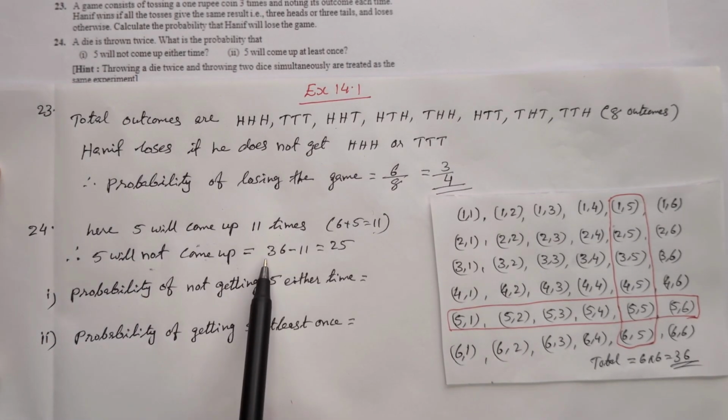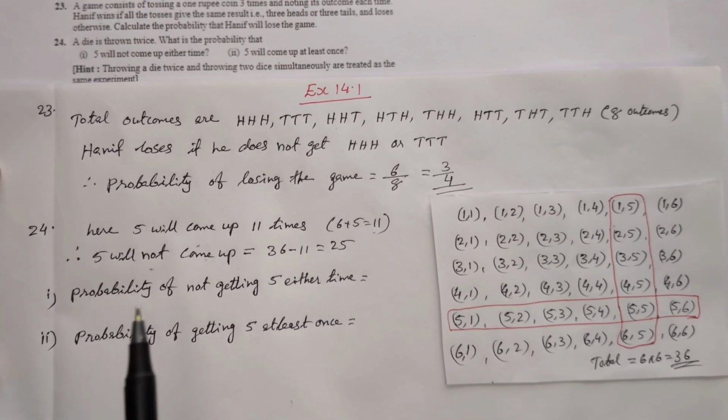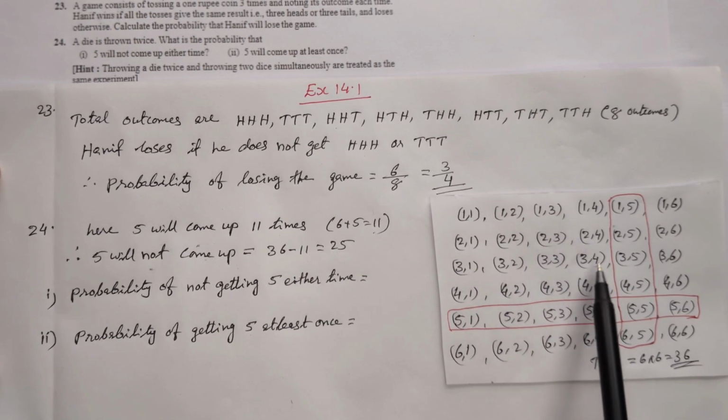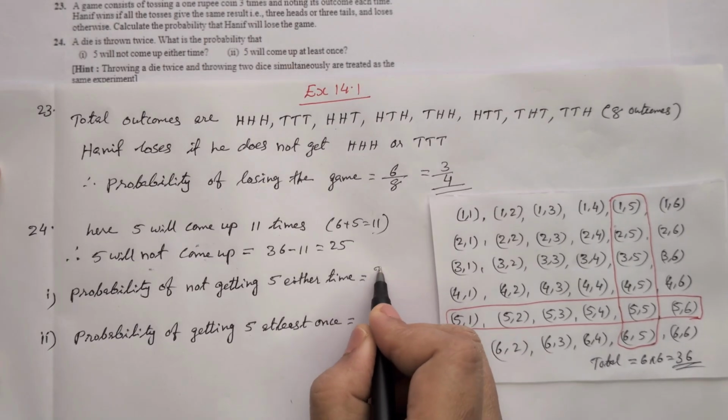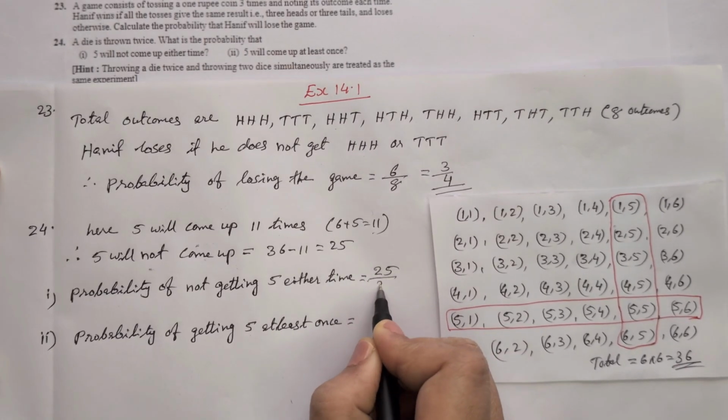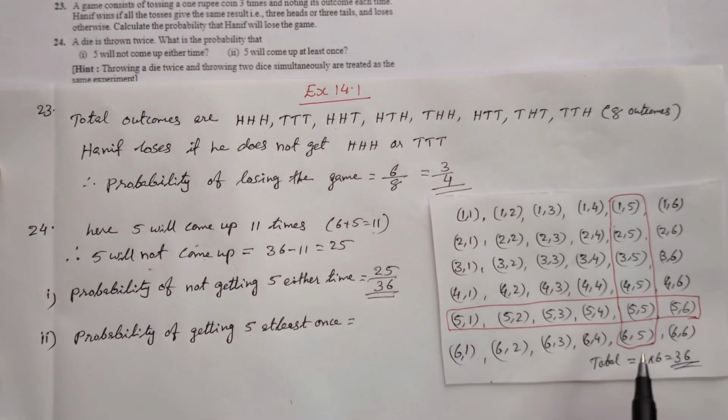So 5 will not come up means total 36 minus 11, 25. That means 25 pairs are here without the number 5. So probability is equal to 25 by 36.